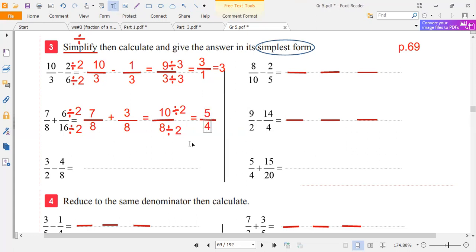Can we simplify also this answer? No. So the answer is 5/4.